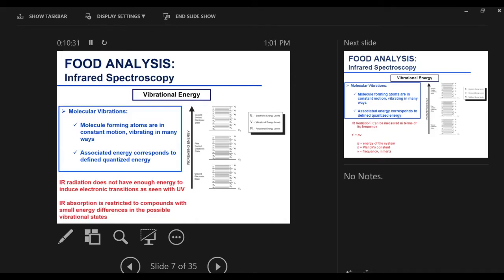The transitions within vibrational energy are lower in energy than the electronic energy. So here, this is 0, the ground state, to the first vibrational level, second, third, fourth, fifth, and so on. You do not get enough energy in the IR region to get to the higher levels of electronic energy. Okay.